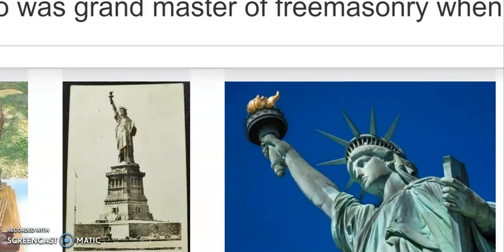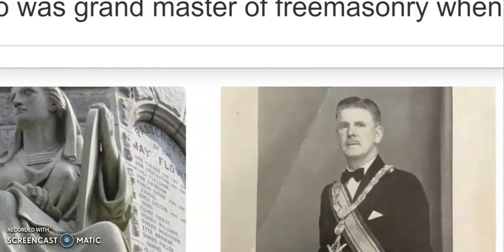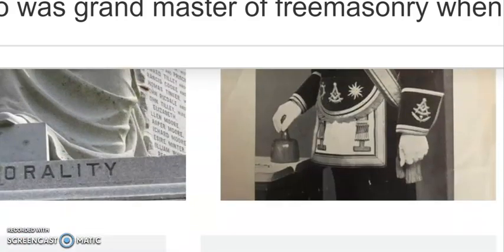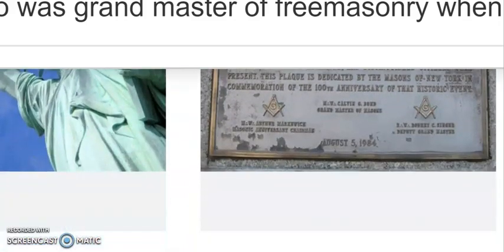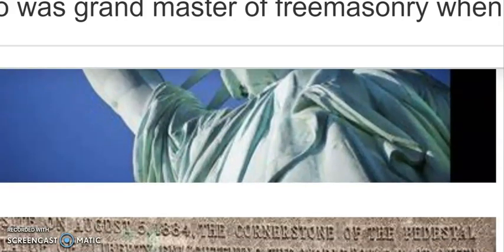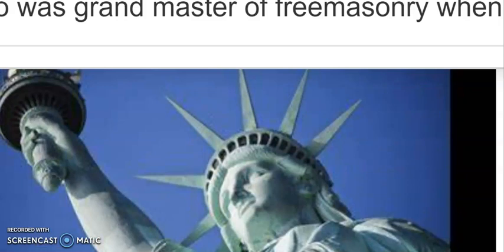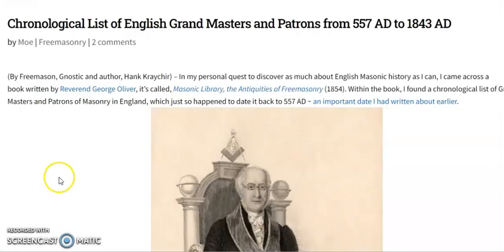Of course, the seven spikes on the headscarf, innit? So obviously trans, representing Lucifer, or could be the Grand Master of World Freemasonry, right? You will see an interesting list of the English Grand Masters all the way through the past and that.